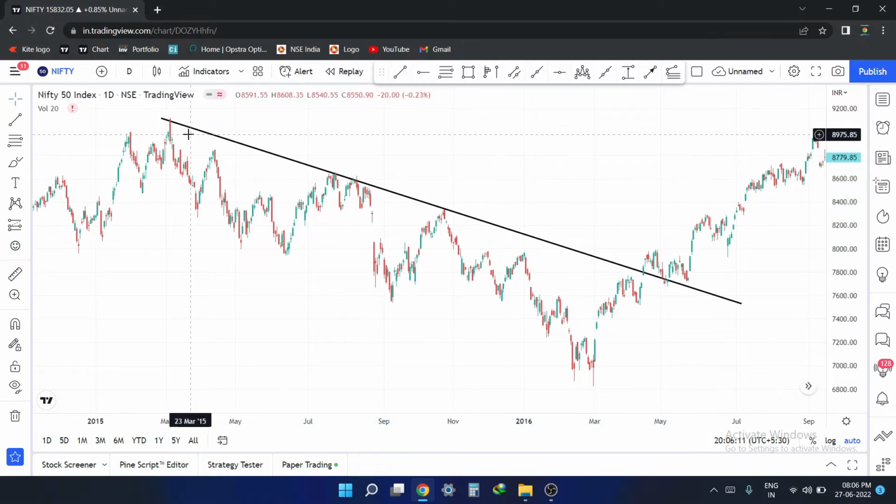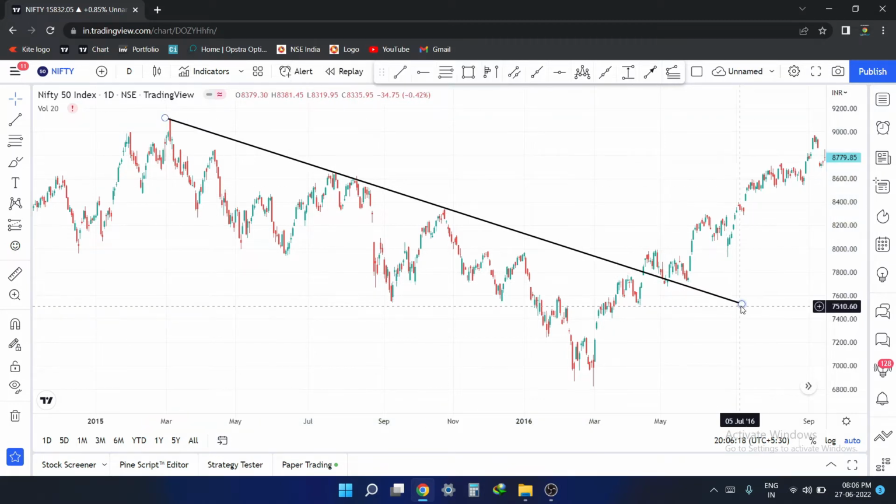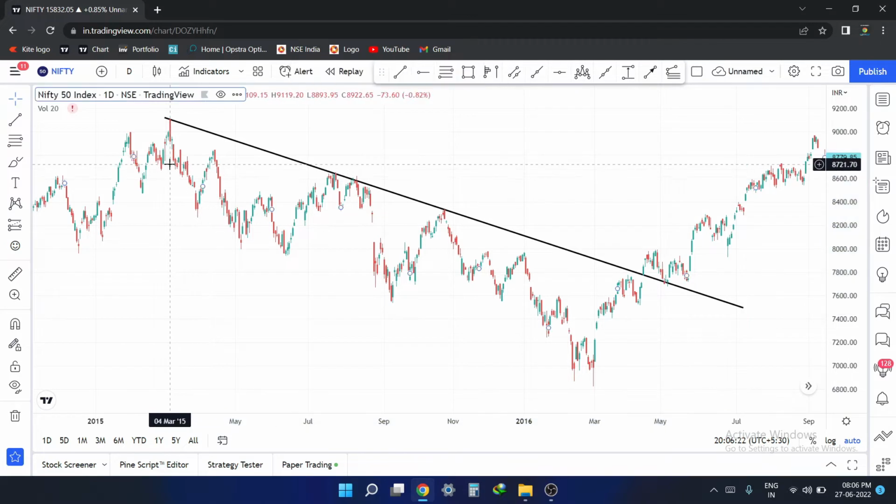Yeah, there is. Let me adjust it. There is 1, 2, 3 and 4 touch points. Greater than 3, it is better.